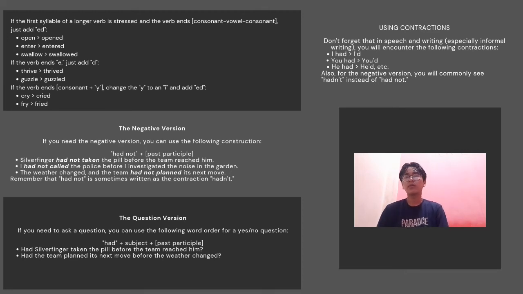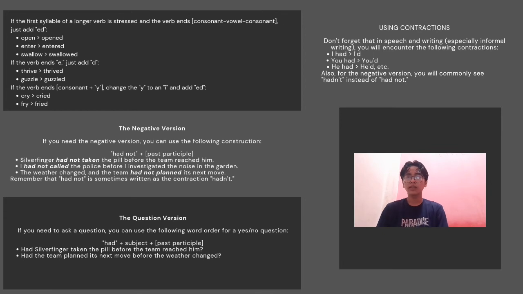And let's talk about the question version of the past perfect tense. If you need to ask a question, you can use the following word order for a yes or no question. You will use had plus subject plus participle in this version, and you can see the example above.